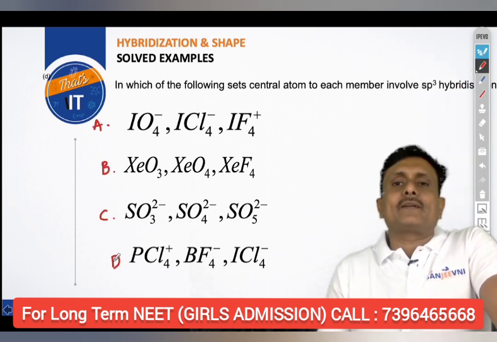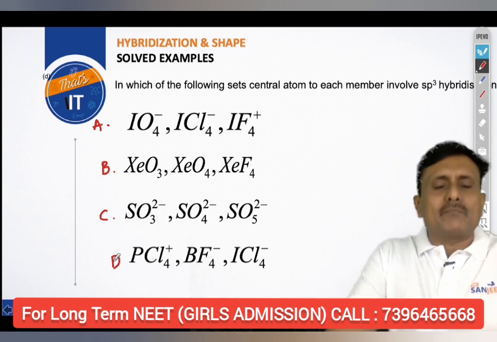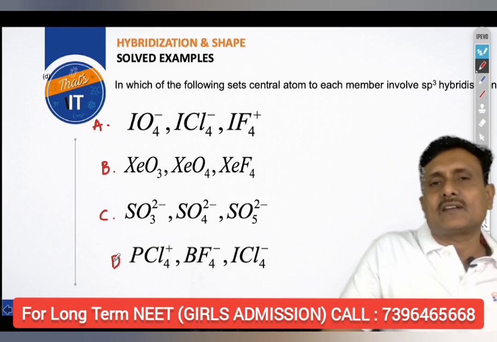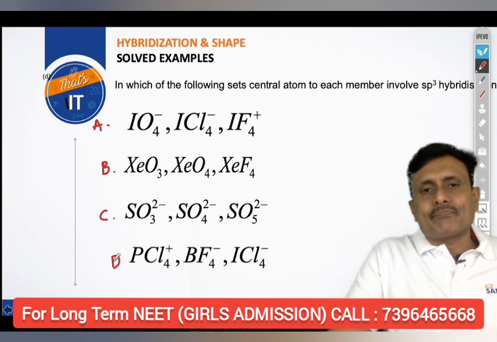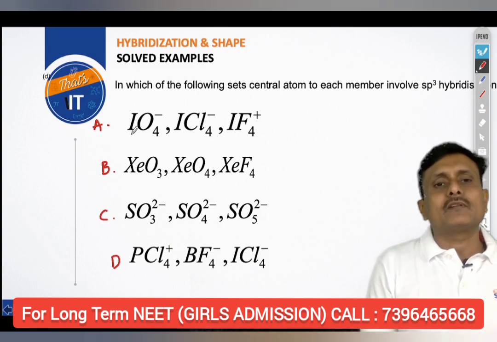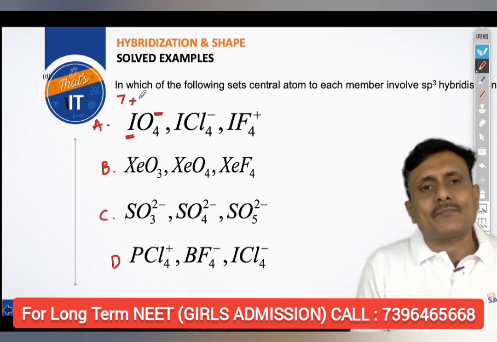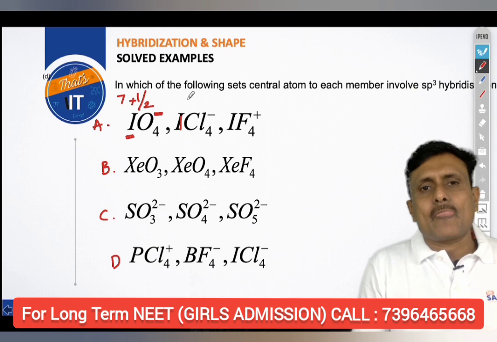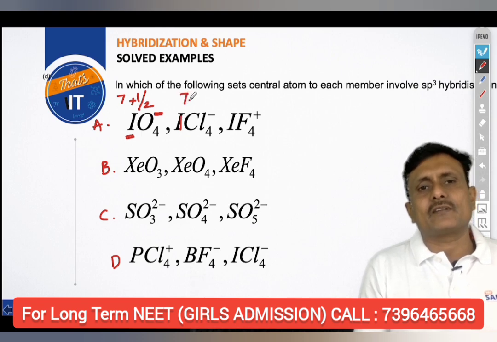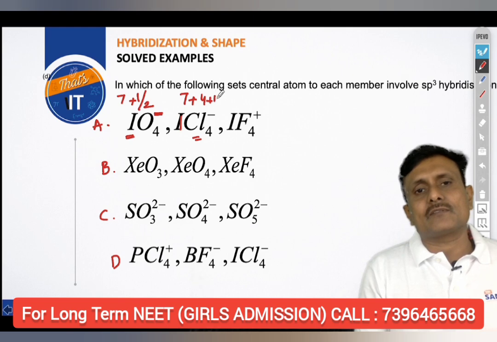Now you need to predict whether every member of that particular option has sp3. To do that, valence electrons of the central atom plus hydrogens attached, halogens attached 0, minus of minus 1 plus 1 by 2 over here. Same thing, no? 7 plus halogens attached are 4, minus of minus plus 1 by 2.